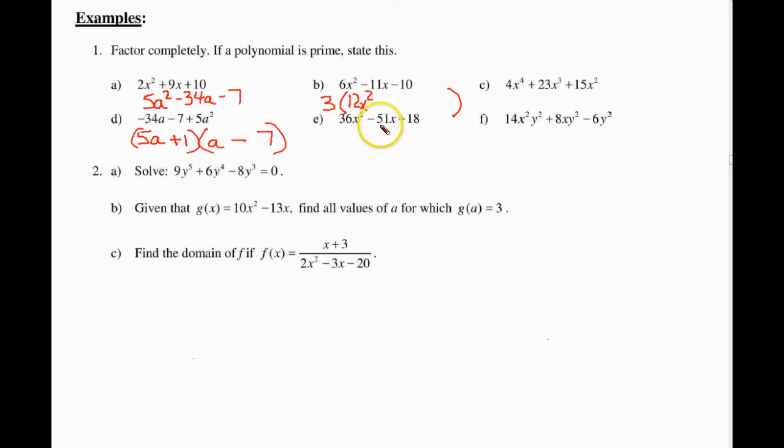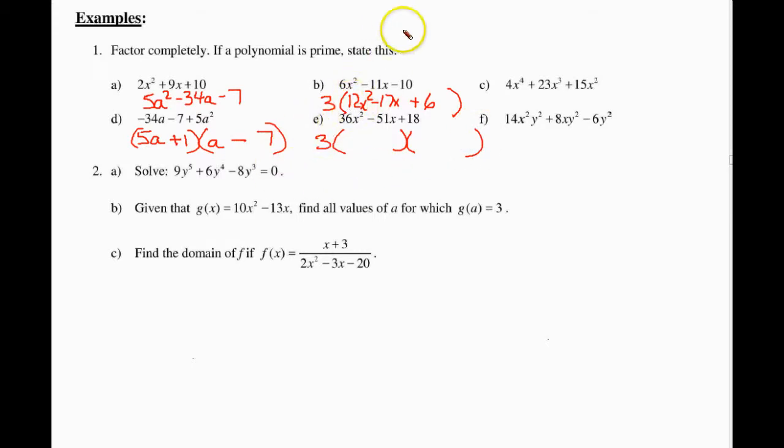And this is 3 times, I believe it's 17. And this is going to be plus 6. Okay, that looks good. So we have a 3, and now 2 sets of parentheses.